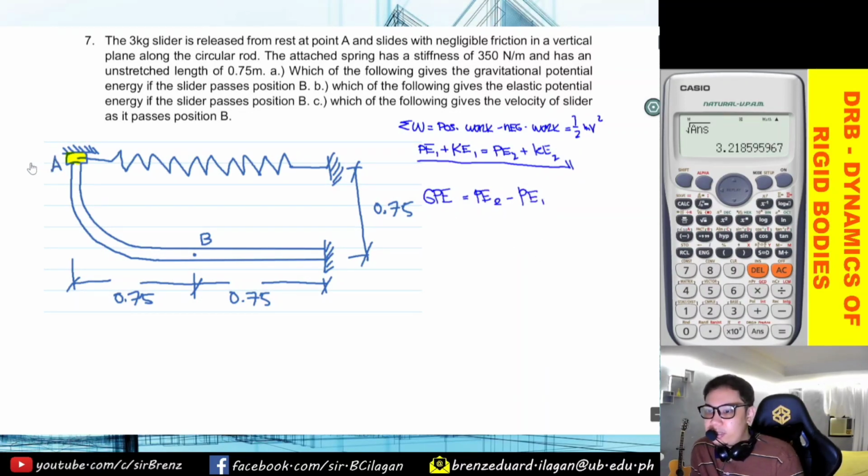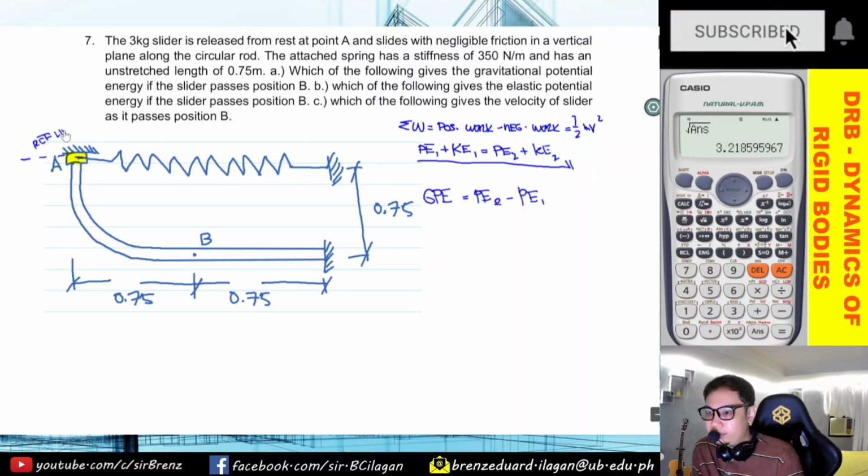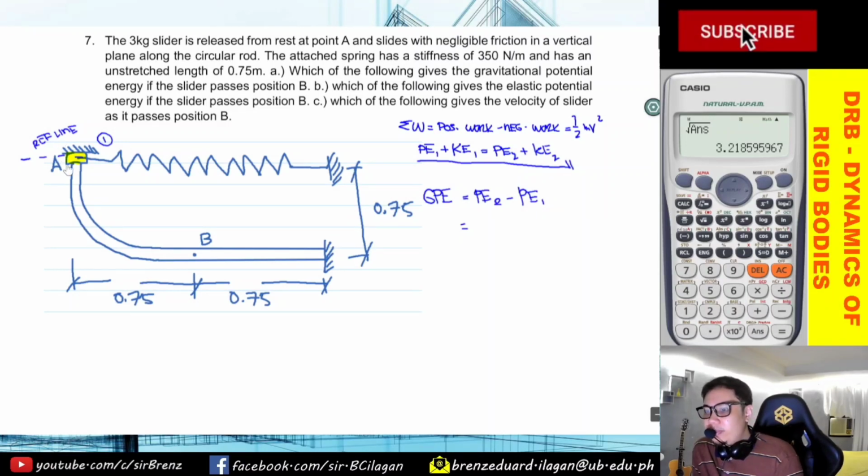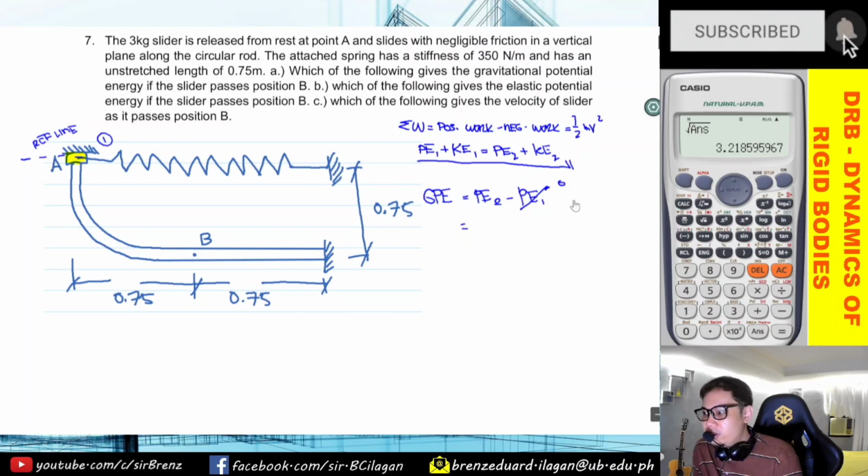If you're going to set this as your reference line, yung potential energy sa point 1, ito yung point B mo, yung magiging point 2. Kung point 1 yan, ibig sabihin, pantay sila, therefore this part of the equation is equals to 0. So, yung potential energy due to the gravity, mgh yan.